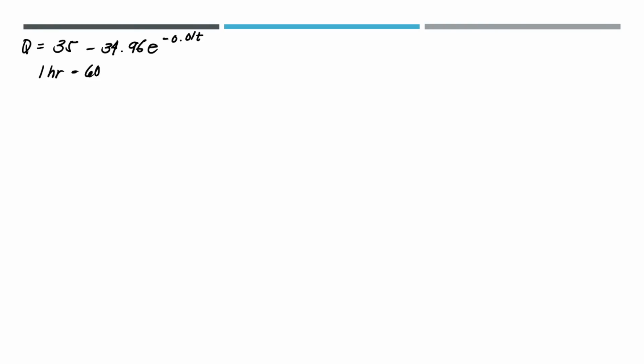We measured it earlier using minutes, so dapat naka-minutes yung isa-substitute nyo or vice versa. So, we will have Q equal to 35 minus 34.96 times e raised to negative 0.01 times 60.